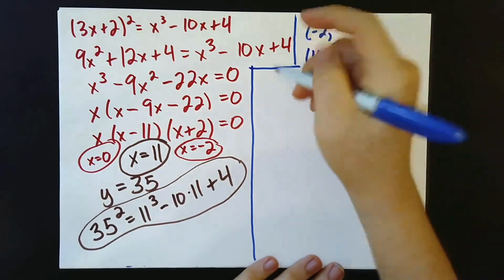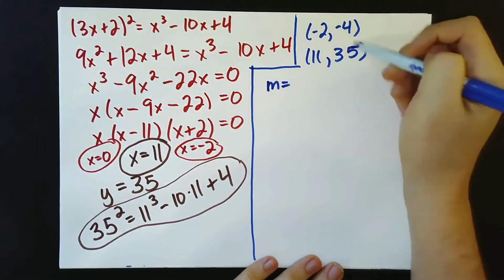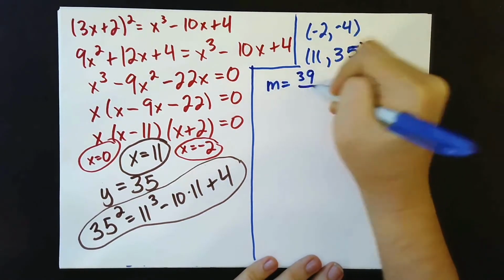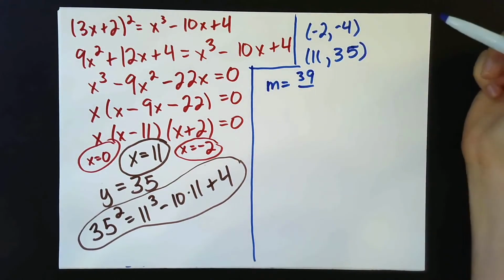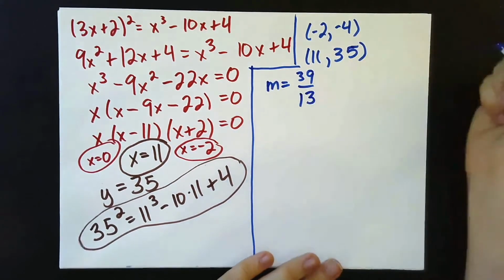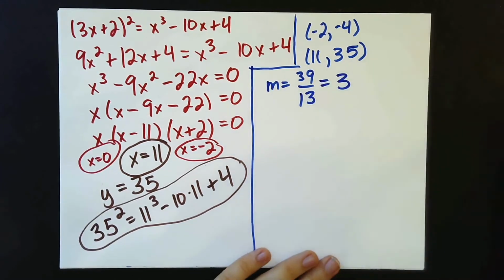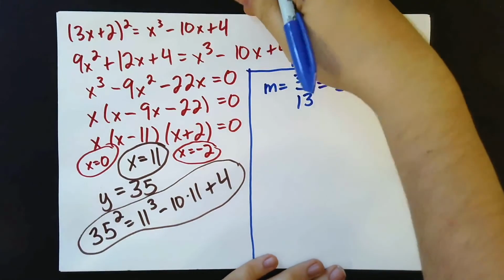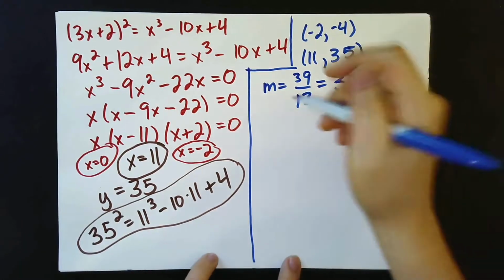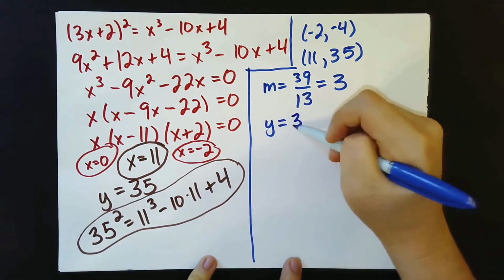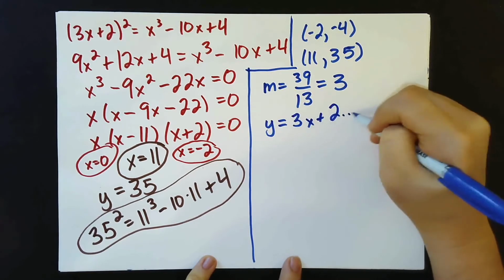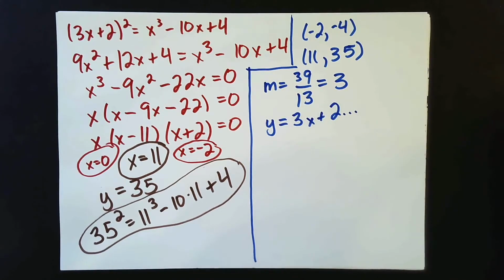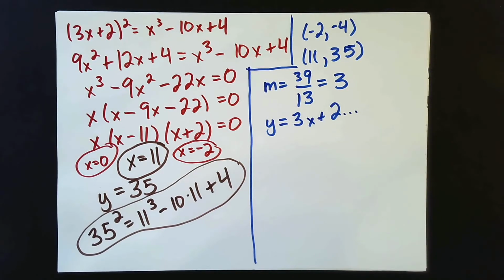So I can find the slope of the line between them. 35 minus 4 is 39, divided by 11 minus 2 is 13, which gives me 3. And so my equation of my line here is y equals 3x plus 2. Now, why didn't that work?